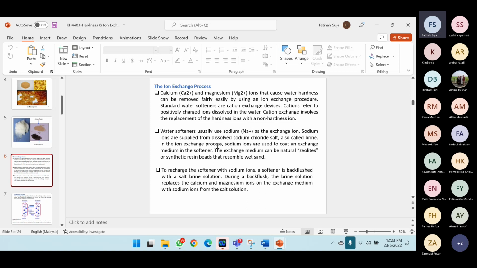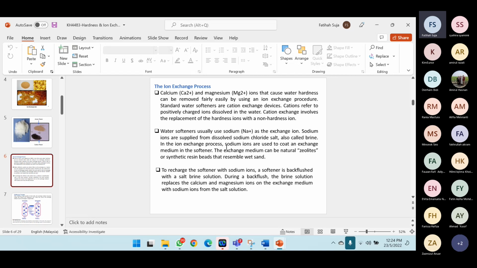So water softeners usually use sodium as the exchange ion. Sodium ions are supplied from dissolved sodium chloride salts, also called brine, because Cl will be exchanged with maybe HCO3 or CO3, bicarbonate.